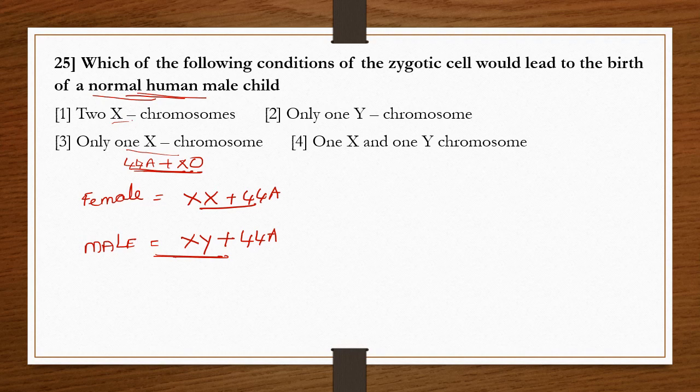So the third condition is Turner syndrome, the first option is female with two X chromosomes, and the second option, only one Y chromosome, does not exist. The fourth option, one X and one Y, represents the normal male. So the correct answer is option 4.